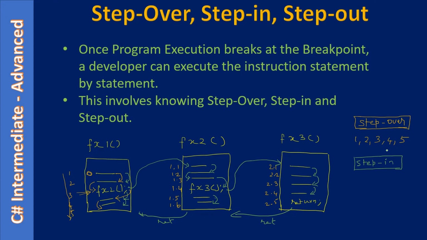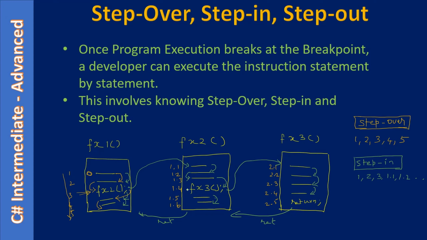So step over is like this, and when you look at step in, it reaches 1 as usual, 2, then it reaches 3. After that, it won't move to 4, but instead it will go to 1.1 and 1.2, and executes like this. You can look at the arrows here to see how the execution goes in terms of step in. The difference between step over and step in is when a function is encountered.